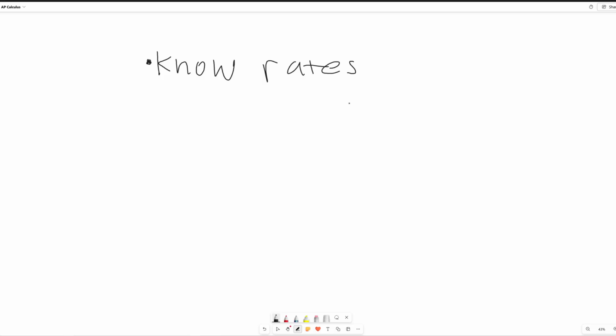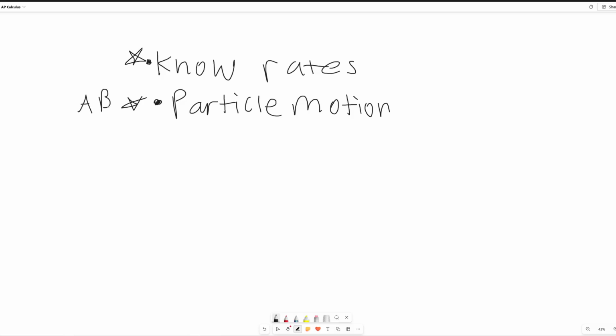So, meters per second squared, meters per second cubed, so on and so forth. For AB, particle motion is an important FRQ. So I'm going to star this one. There will always be an FRQ on rates. There will always be an FRQ on particle motion for AB.